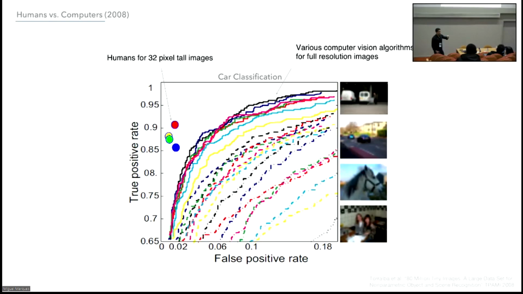One important detail: the computer vision algorithms used full-scale images, so the complete resolution. The humans only used a 32 by 32 pixel image. So even using 32 by 32 pixels, humans in 2008 were much better than computers at image classification. This was a binary image classification. We are just saying that there is a car or there isn't a car in the image.